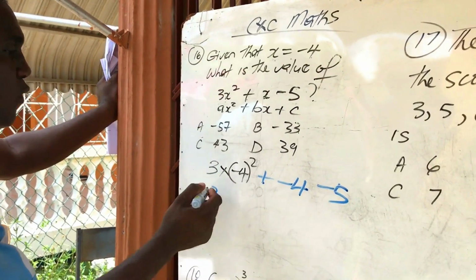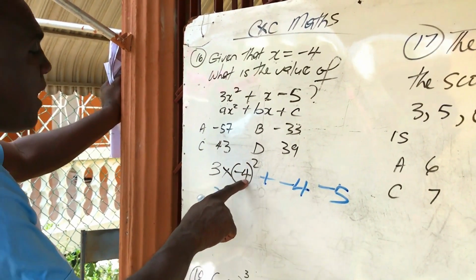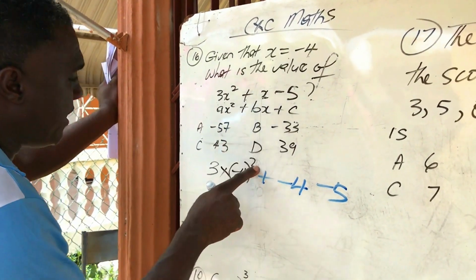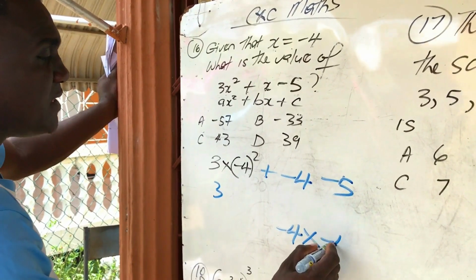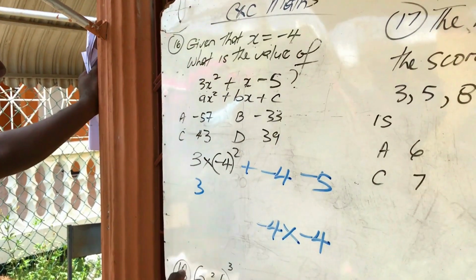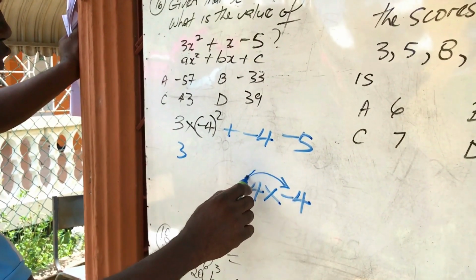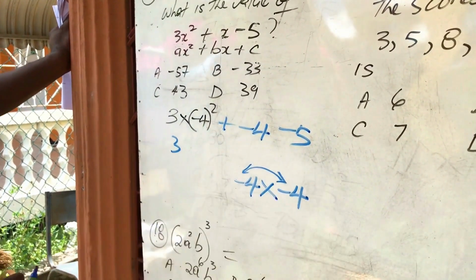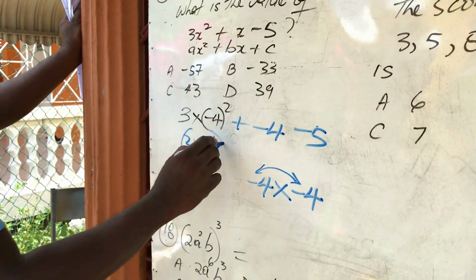So what we need to do is work out -4 squared. Now, as long as -4 is in a pair of brackets and you square it, what this means is that it is -4 times -4. And based on a previous video, we know that when we multiply two quantities with the same signs, the result has to be positive. So this is 3 times +16.